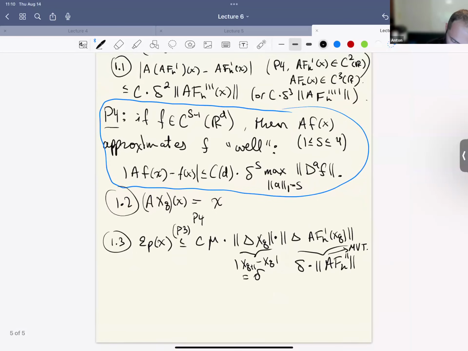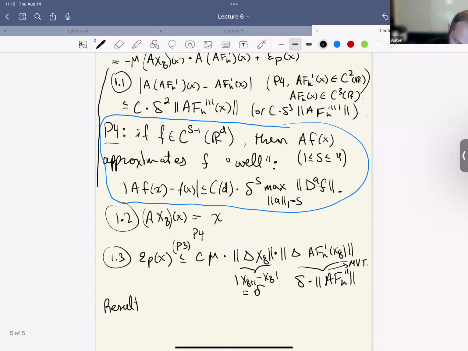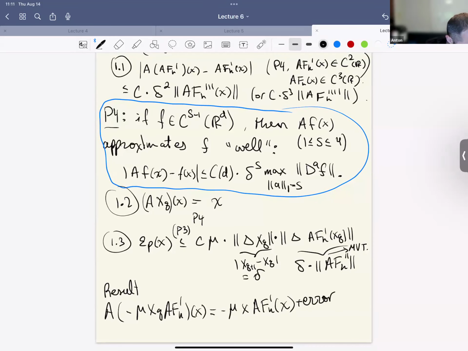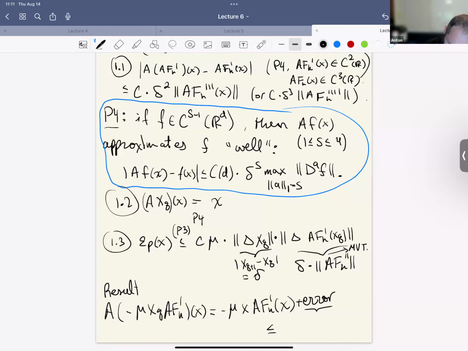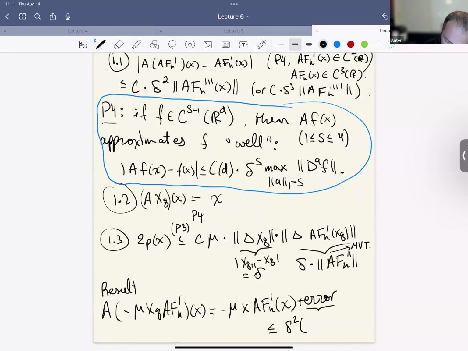So as a result, A applied to negative mu x sub q A f prime of x is negative mu x A f prime of x plus some error, where the error is bounded by, let's see, we had basically a delta squared everywhere.